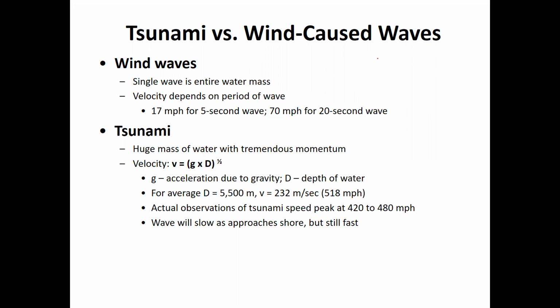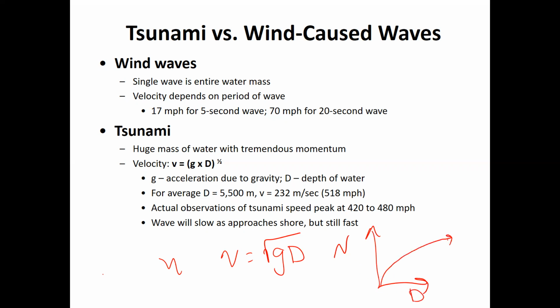So the velocity equals the square root of the acceleration due to gravity times the water depth. What that looks like, if this is speed and this is water depth, is a curve like that. So the deeper the water, the faster the wave. The shallower the water, the slower the wave.